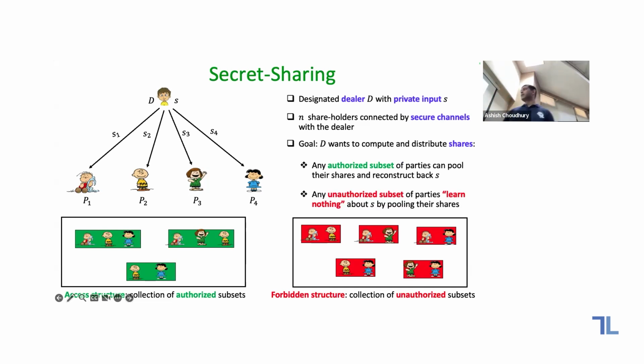Whereas if any unauthorized subset of people would like to reconstruct the secret, they should fail to do that. Mind you, we do not have any restrictions on the size of the authorized subsets. They could be of different sizes. And the red subsets are just the complementary sets of the corresponding green subsets. So that is in general the problem of secret sharing.